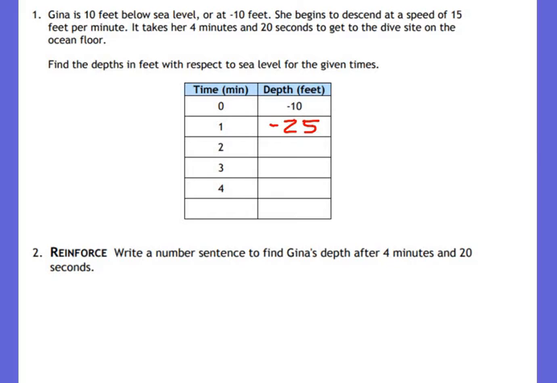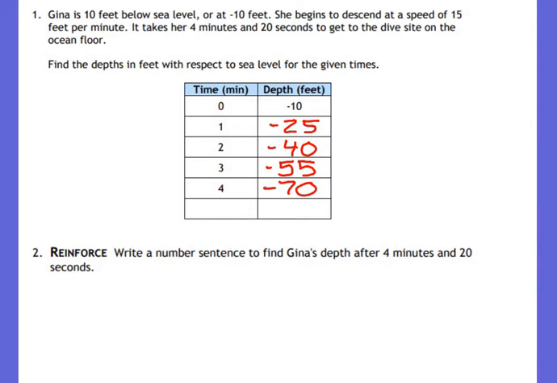Then another minute passes, which means she went down another 15 feet, which means she's at negative 40. Then another minute passes, another 15 feet, and she's at a depth of negative 55. Then another minute passes, and another 15 feet, and she's at negative 70.